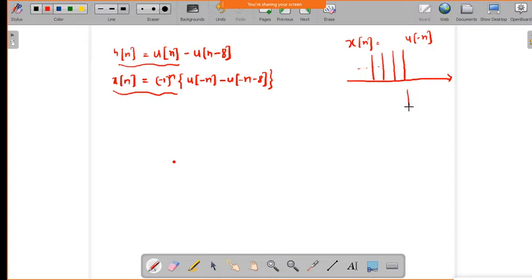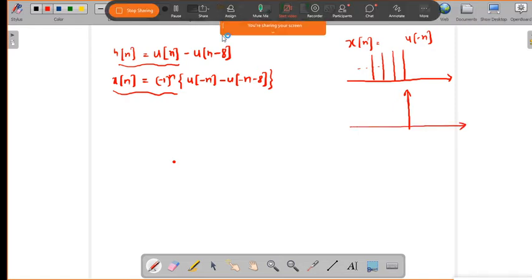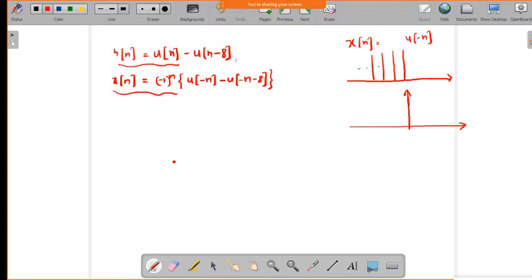Similarly, do u of n minus 8. First you do u of n minus 8, then you reflect it. At 8 it is going to start, and it will go on. Now this is u of n minus 8.